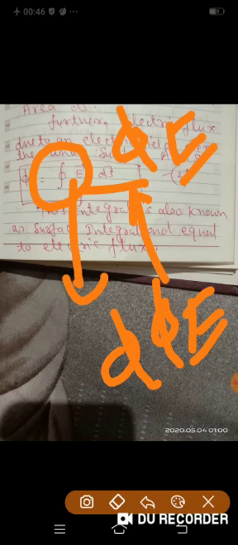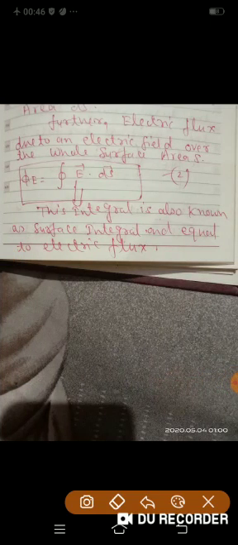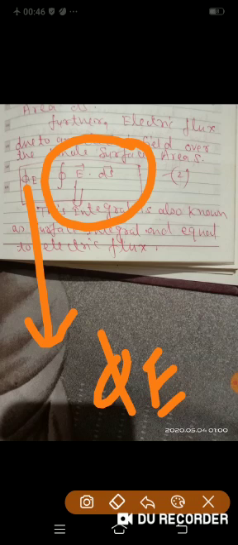Okay, so what is the difference between equation 1 and 2? You understand that in equation 1 we calculated d phi e, that was E dot ds for a small ds area. And in this video we calculated the whole electric flux, and that is the surface integral of E dot ds. That is your equation number 2.